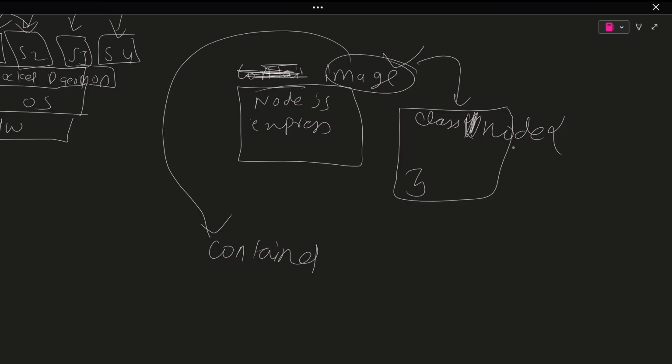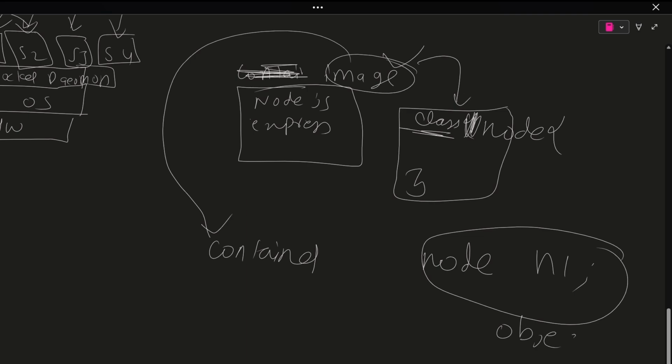Let's say the class name is node. The class is of no use until you make an object, node n1. So you cannot use the image directly. If you want to run the image, you need a container.